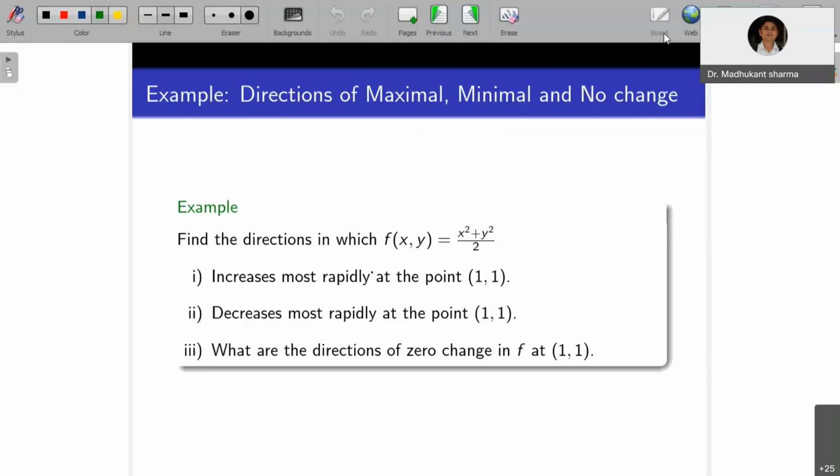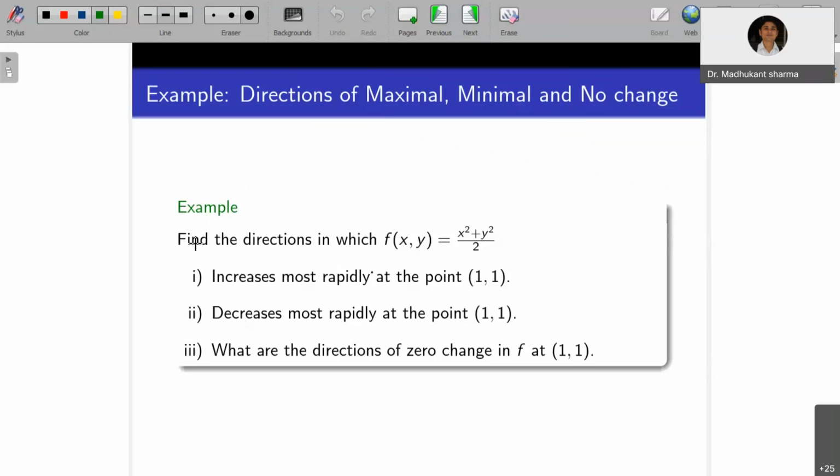It will decrease most rapidly in the direction of minus grad f, and you will notice no change when you take any direction which is orthogonal to grad f. Okay, right. So we have an example here. That's what we were left with in the last class.